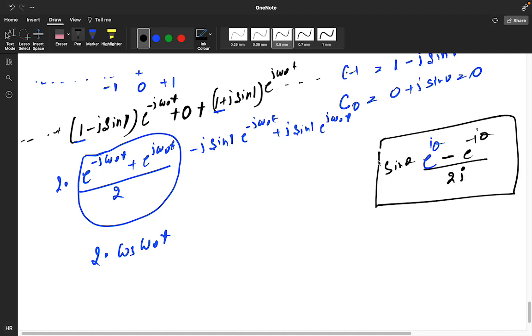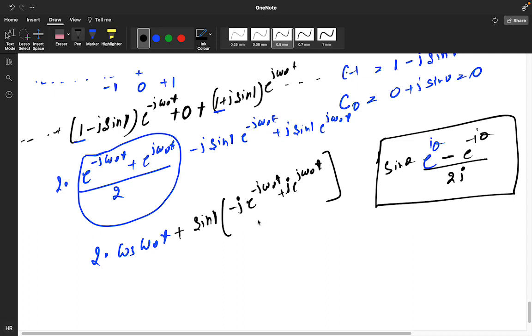So we need to get this formula. We have a minus j, right? So we take sine 1 as a common. Now we have minus j e power minus j omega naught t plus j e power j omega naught t. J is also there.